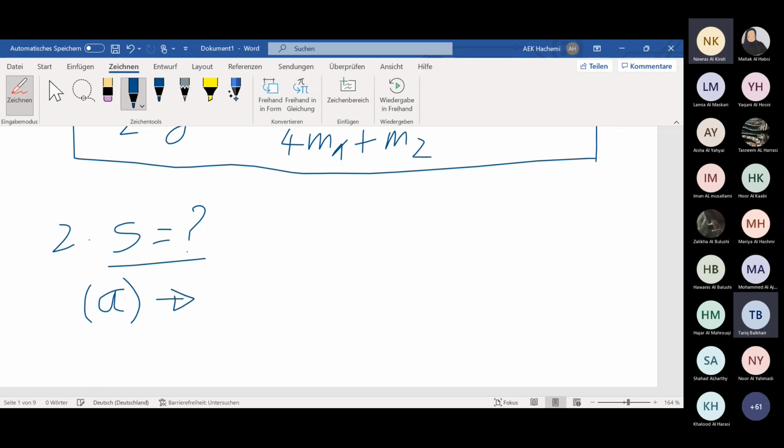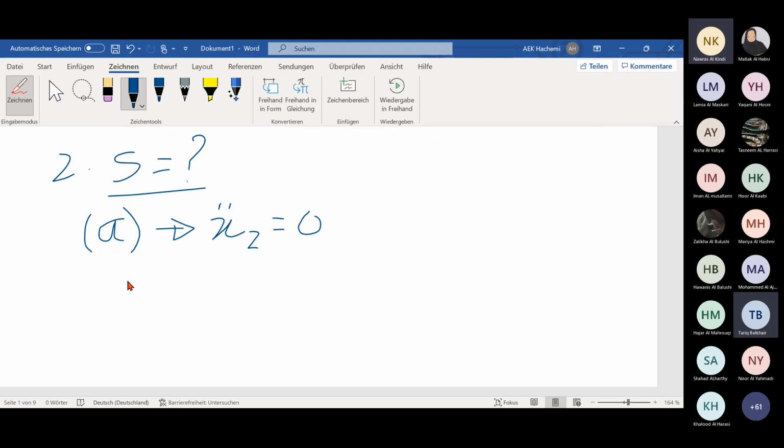we have x dot dot 2 is equal to 0. That means it is at rest. Okay, there is only static motion. Then in this case, from 3, we can get also that x dot dot 1 is also equal to 0.